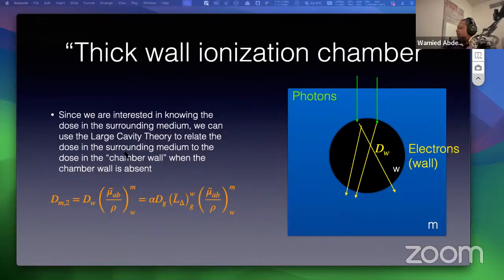So the dose from these electrons generated in the wall is given by this relationship: the fraction of the dose in the cavity from electrons produced in the wall, multiplied by the restricted collision stopping powers, wall to gas, multiplied by the mass energy absorption coefficients of medium to wall. See, it's wall here. Okay, clear so far?